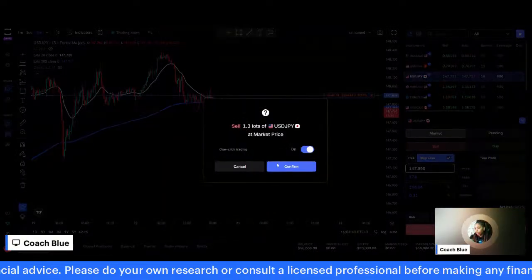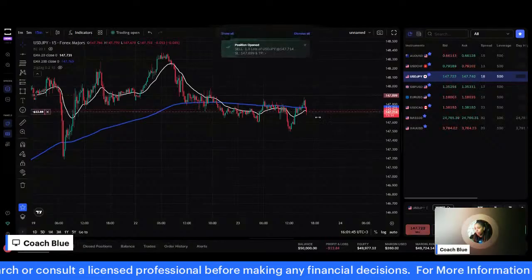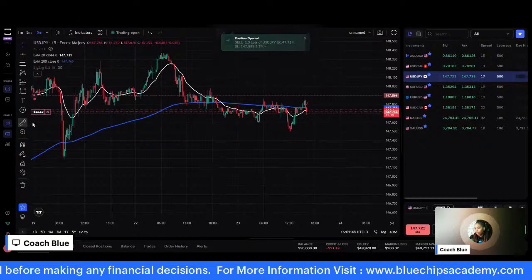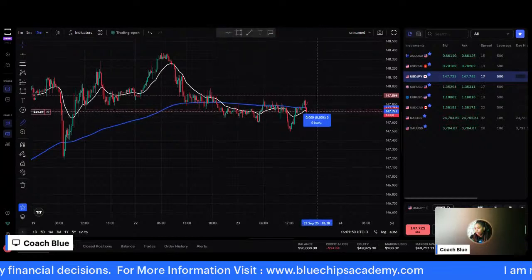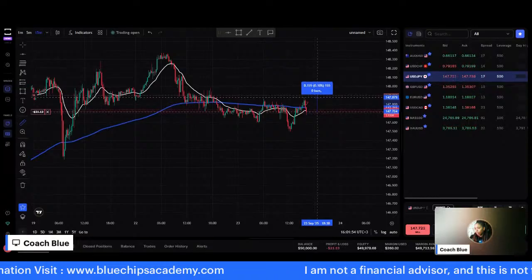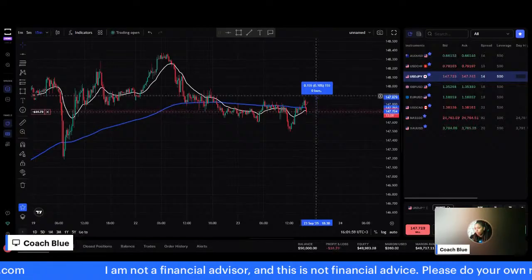This is a new account, I told you guys. So I'm going ahead and clicking sell. It's already open now. My stop loss, 0.1, there's my stop loss right here.